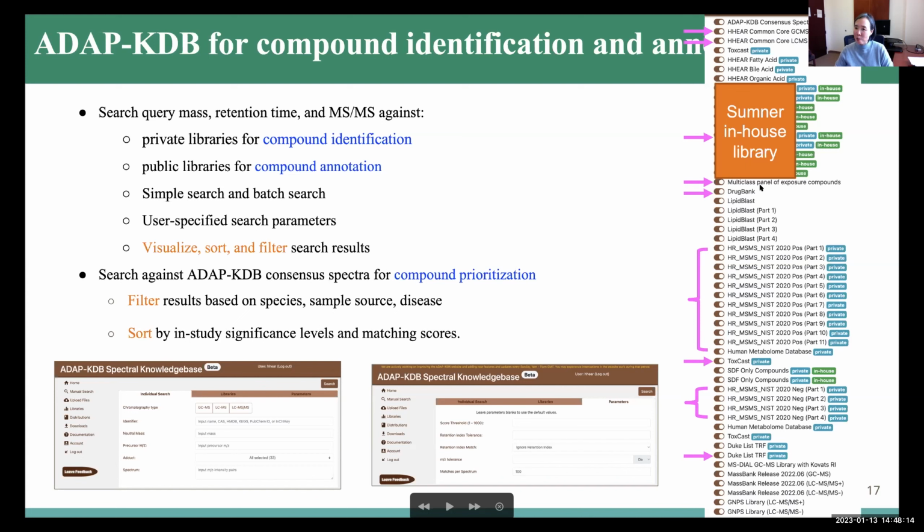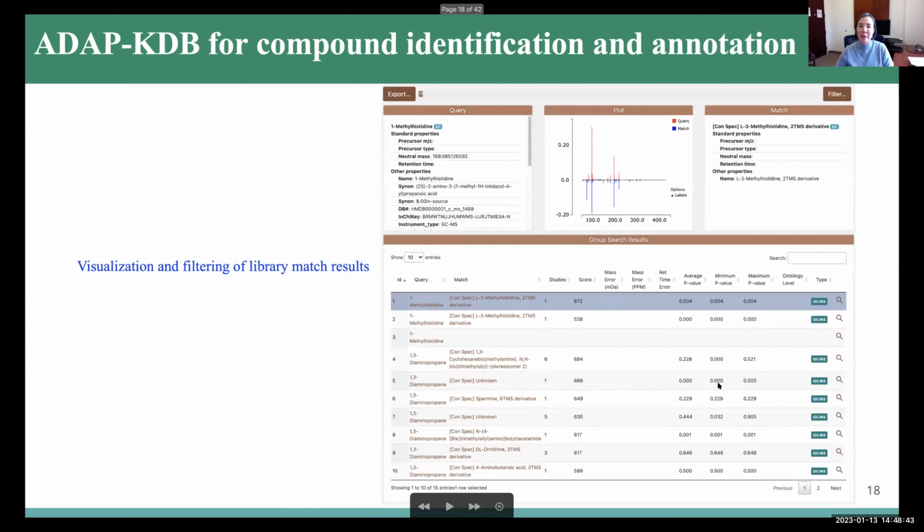And there is the multi-class panel also from the HERE program that's from a different lab within the HERE hub, and compounds in DrugBank, and also the high quality NIST MS spectra for both positive and negative. And also we have some environmental compounds that have been detected at the Duke HERE hub. So all this is available for search within the HERE hub, environmentally relevant compounds.